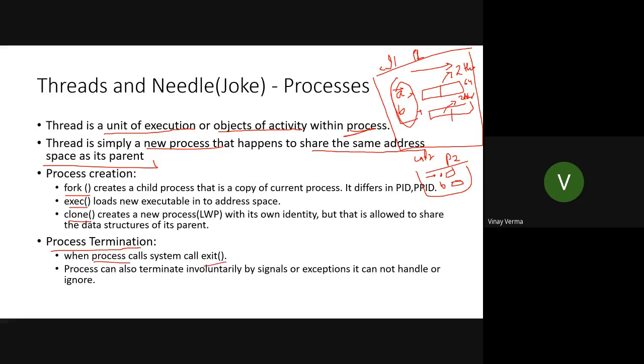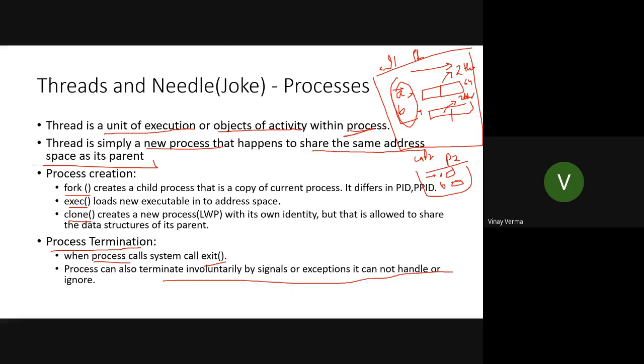So basically, if you click the exit button, it will call exit of that process and the process will be closed. And there is one more thing: the process will automatically get terminated if some error comes to that process. So the system will automatically terminate that program.